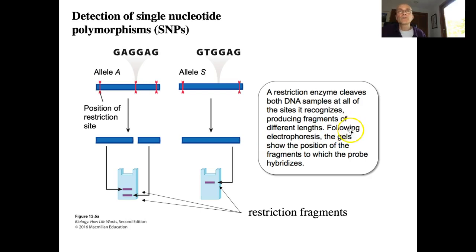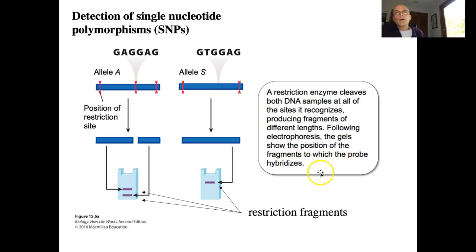And then following electrophoresis, the gels show the position of the fragments to which the probe hybridizes, or where the DNA runs. So what it means here is that this piece, when you run this on a gel, will run relatively high up in the gel because it's a large piece of DNA. These two pieces will run much lower.